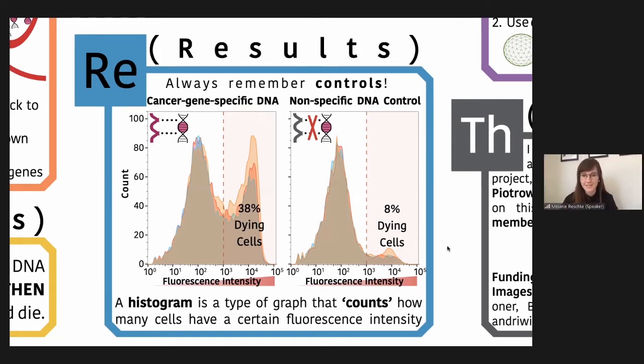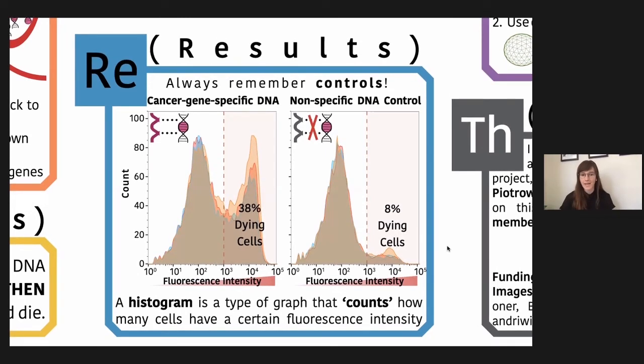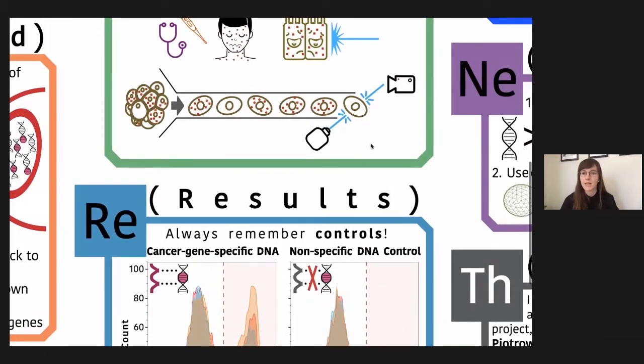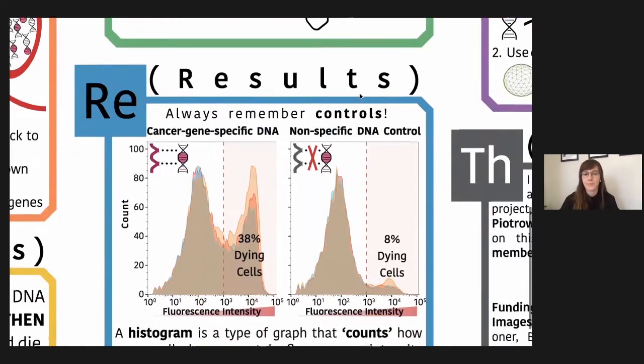Let's see. I think I was just starting to talk about the results that we have here. In order to interpret what you're seeing on the slide, I'll describe the type of graph that I'm showing. It's called a histogram, and basically it's a graph of counting. It counts how many cells had a certain amount of light passing through. If you recall, the more light, the sicker the cell.